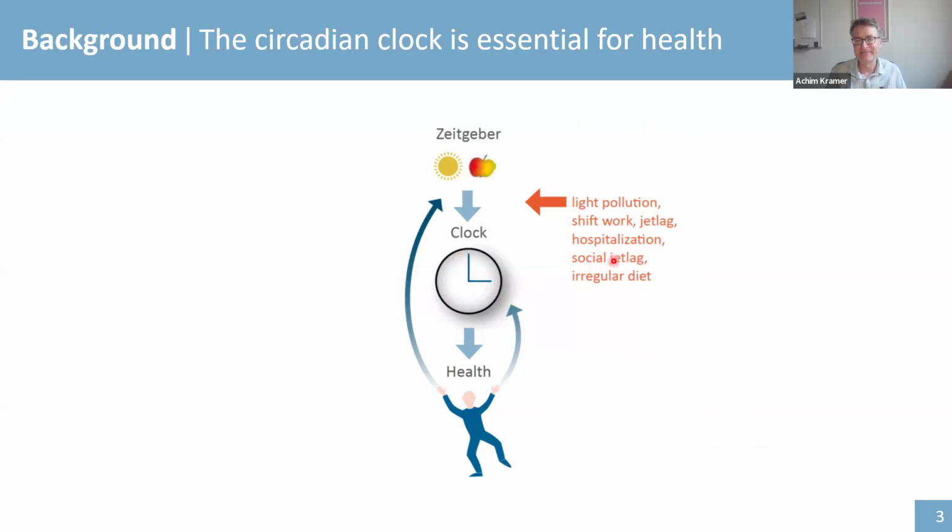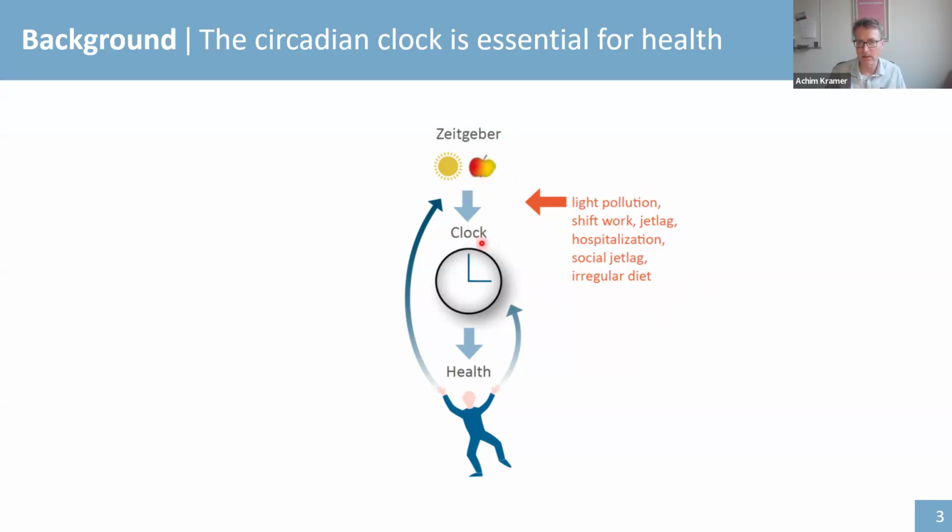So this is the challenge for our clock. We have shift work, we have jet lag, we have people in the hospital with irregular light dark cycles. We have the so-called social jet lag, which is the discrepancy between our behavior on work days compared to free days. We often go to the fridge in the night. We have light pollution in the night.